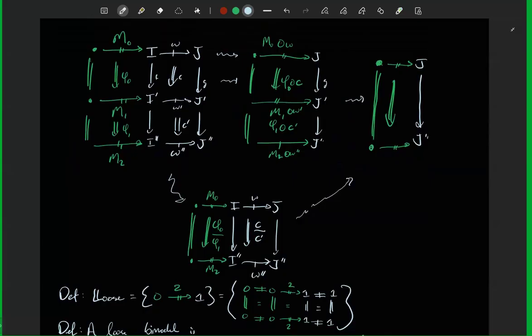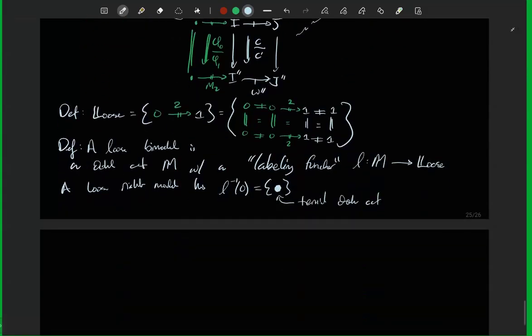That gives us a double category, namely this double category M. But we have to remember which things were in the module and which things were in the double category I. So what we do is we label it, right? And we say that L inverse of 1 is equal to I, the double category acting on the module.